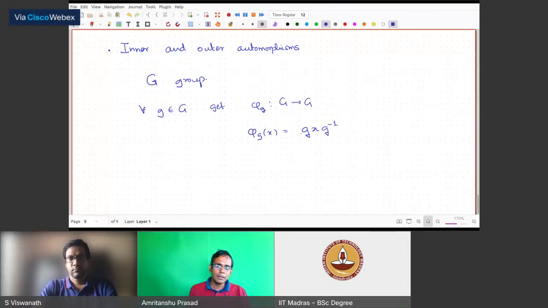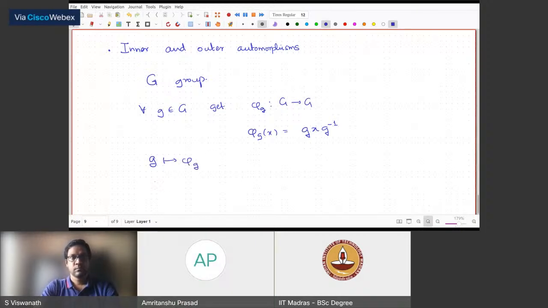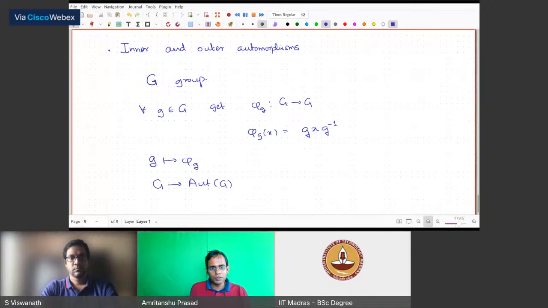So this map g goes to phi sub g is a homomorphism from G to Aut G, where by this I mean automorphisms of the group G. This need not be injective. It's easy to see that.